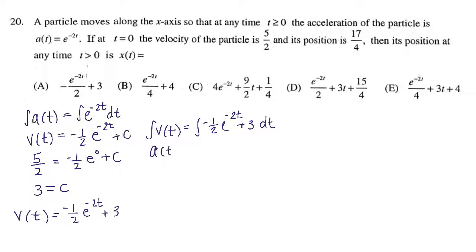Notice we have our position function is equal to, once we go through here, we would get 1/4 e to the negative 2t plus 3t plus c, and I think that's probably enough information to go ahead and pick out our answer choice. Looking at it, we are probably going to get answer choice E. Now we could continue on the problem, but it's really not necessary because we have enough information to pick out that final answer.